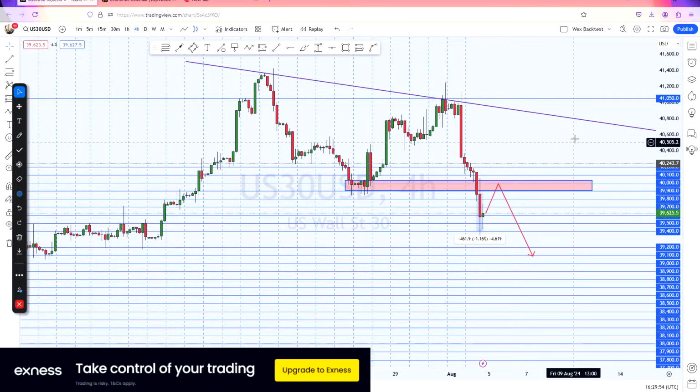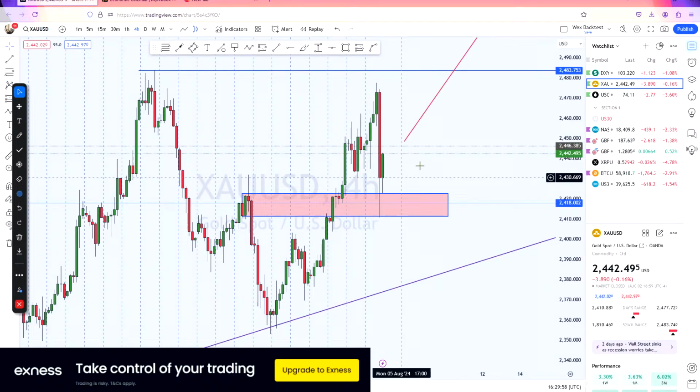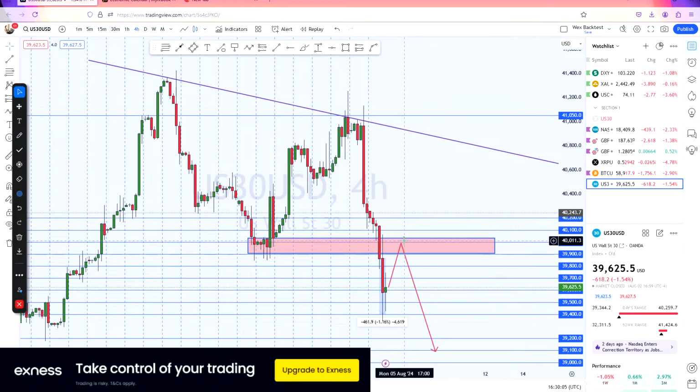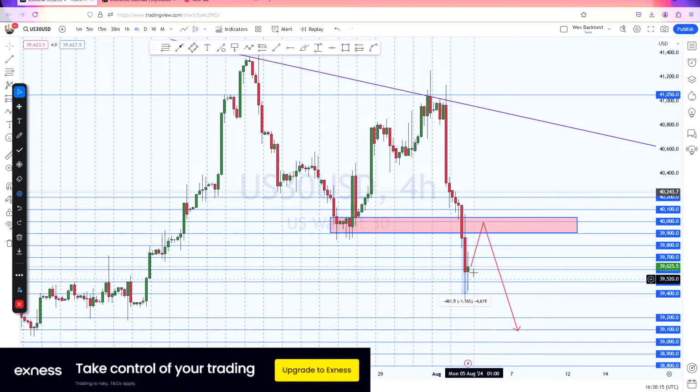Gold, I'm expecting buys, and US30, I'm expecting a bullish correction, then a continuation in the downward direction. Something to note here is that this is a projection based off what I'm seeing right now. This projection is just to give you the direction.